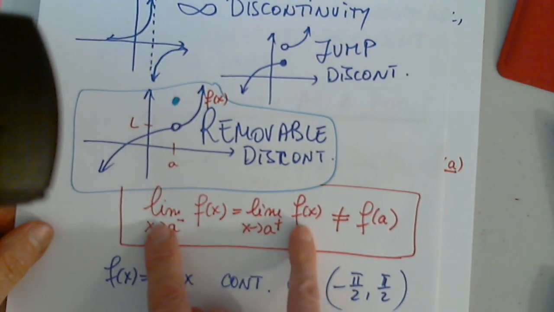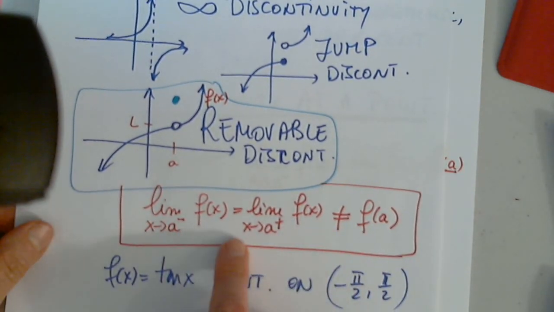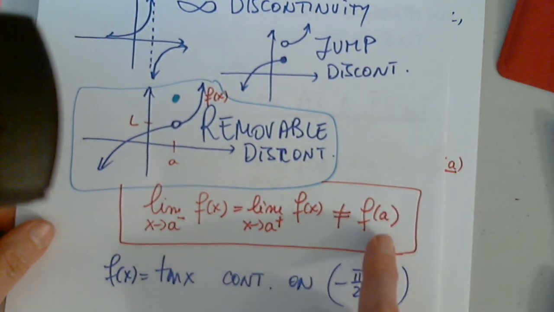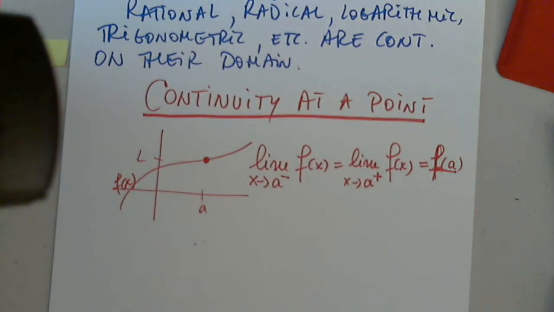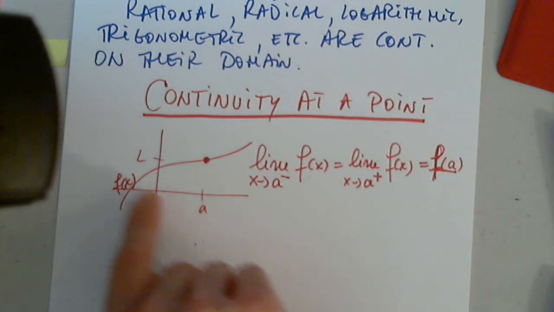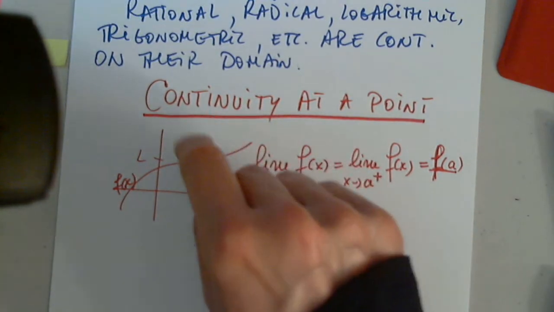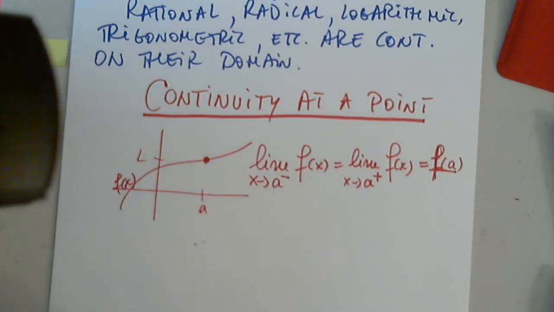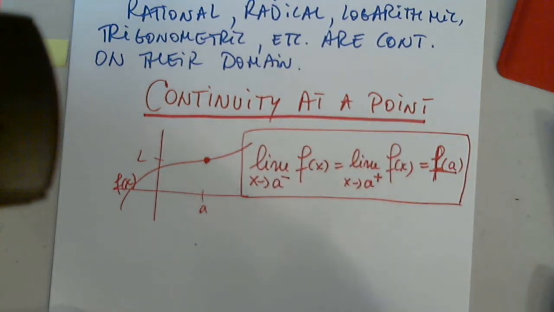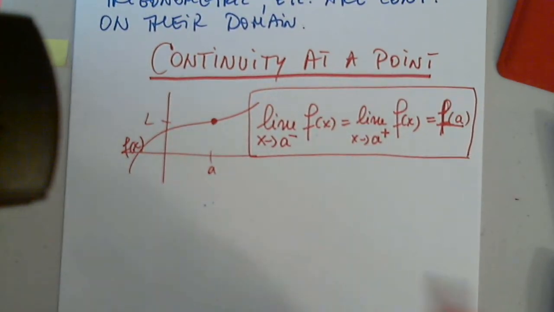The limit from either side, left and right, both exist and are equal, but they're not equal to f of a. So continuity at a point requires the limit from the left, the limit from the right, and the function value at that point to all exist and be the same. And then we conclude that the function is continuous at that point.